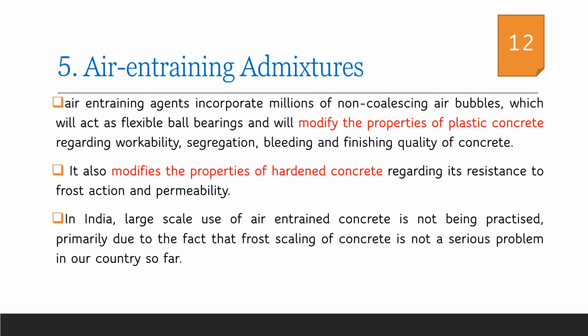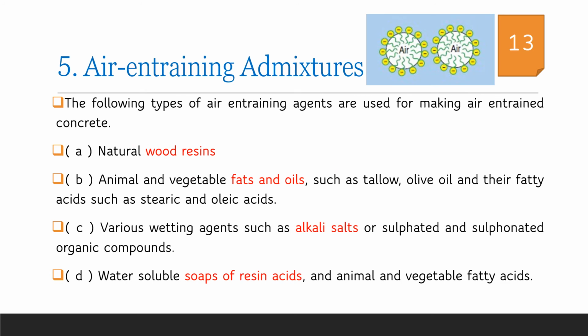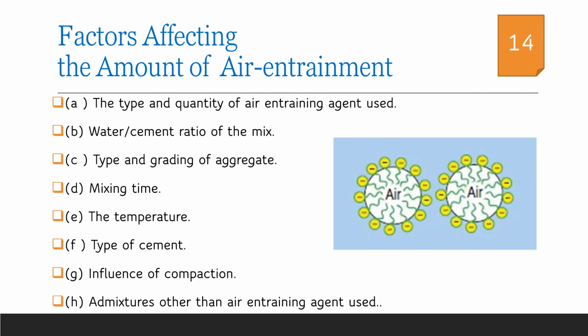There are different types of air entraining agents or admixtures available, such as natural wood resins, animal and vegetable fats and oils, and various wetting agents such as alkali salts and water-soluble soaps of resin acids. You can see in the picture that when air entraining admixtures are added, they get attached to the small air bubbles.